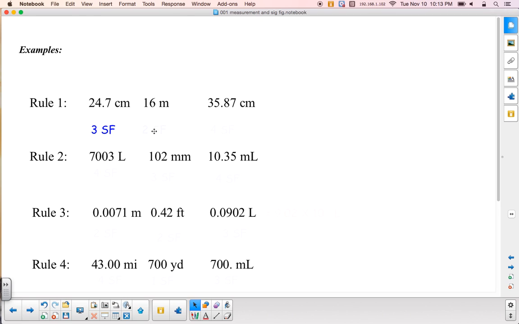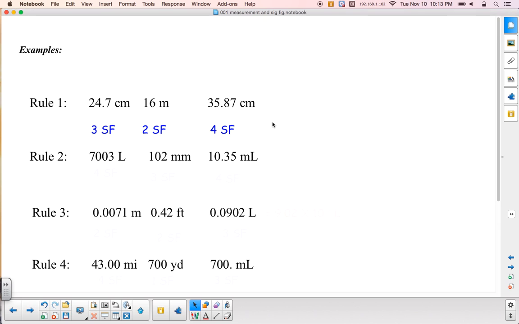The measurement 16 meters has 2 significant figures. The 1 is known for certain, and the 6 is an estimate. And the measurement 35.87 centimeters has 4 significant digits, with the 3, the 5, and the 8 being known for certain, and the 7 being our estimated digit.